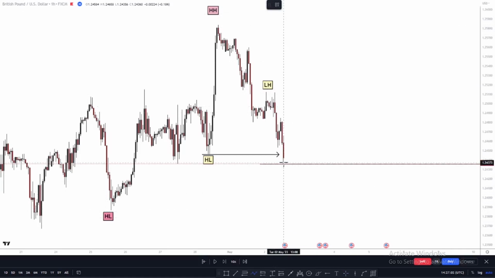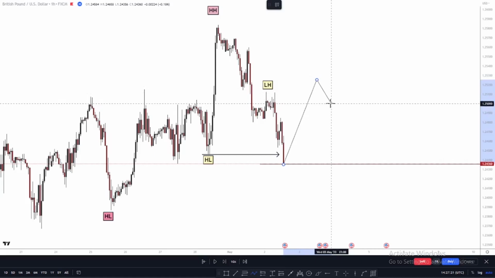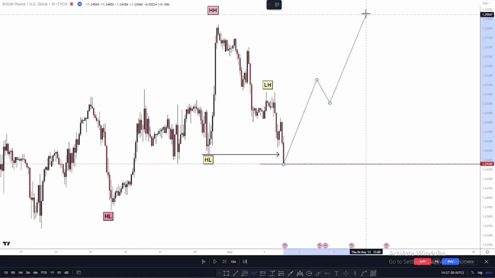The H1 turns bullish by coming back up to break above its previous lower high to create a new higher high. After this higher high is created, what do we do? We wait for a retest of this lower high, which is serving as a resistance. So we wait for a retest of the lower high as a support, and we buy the market back to the upside. Do you get what I'm saying?